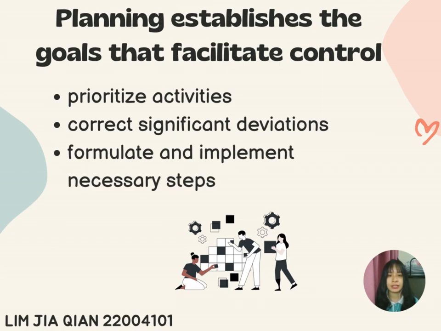If significant deviations are identified, corrective action can be taken, and after evaluating the various alternatives, they will make decisions about the best action to take in order to achieve the goals. In this way, they must formulate the necessary steps and ensure effective implementation of plan in order to achieve an organization's goals.